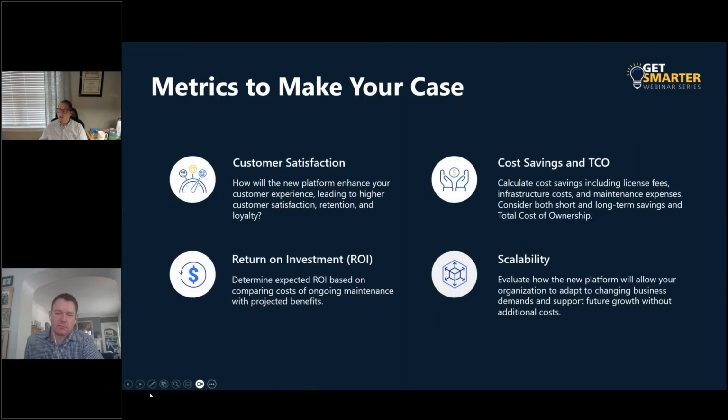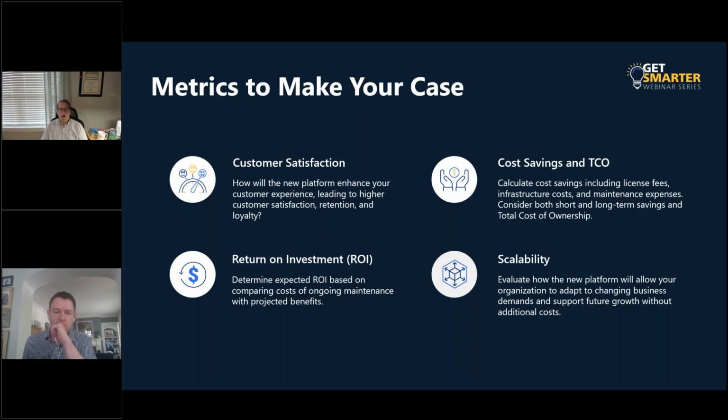So when you're looking at specific metrics to make your case, one of the things you're going to want to look at is your customer satisfaction. Will this new platform provide the types of communications that are going to please our customers? Is it going to provide additional satisfaction? And because of that, will you increase your customer retention and loyalty?